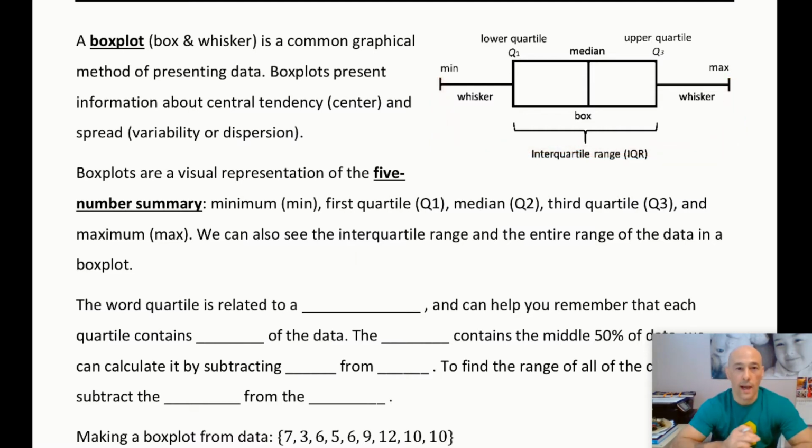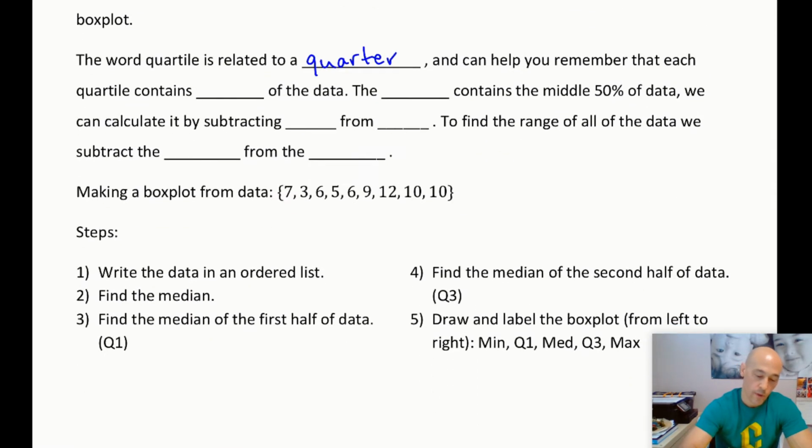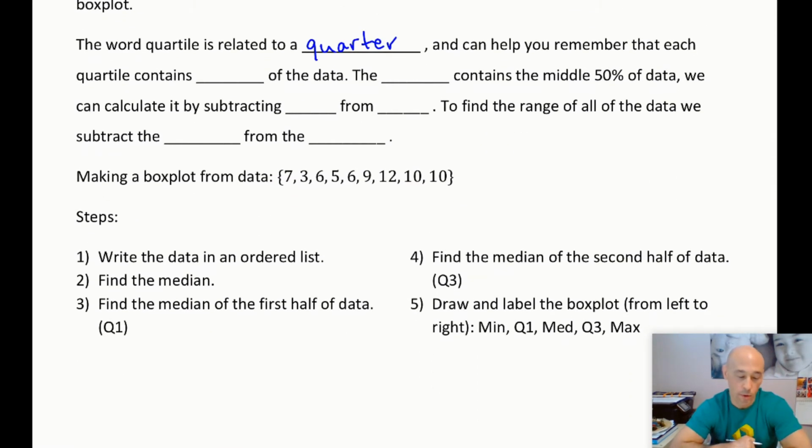The word quartile is related to a quarter and can help you remember that each quartile contains 25% of the data, just like a quarter is 25% of a dollar.